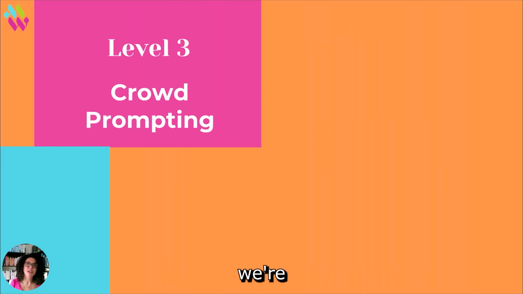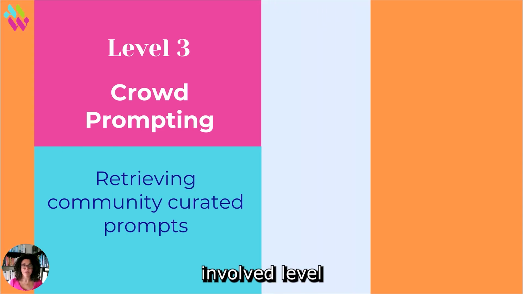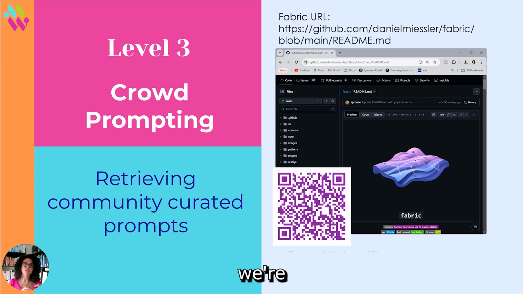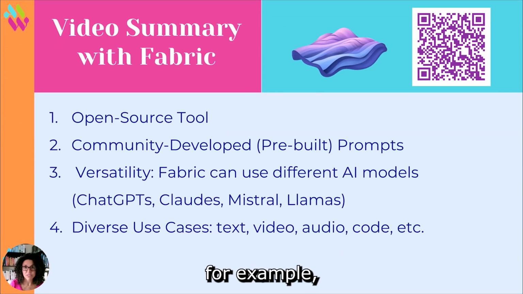Okay, now we're getting into a more involved level of interaction, our third level, in which we're tapping into the collective wisdom of the global AI community for prompting and for getting access to models outside of chatbots. Platforms like GitHub, for example, host a wealth of resources.